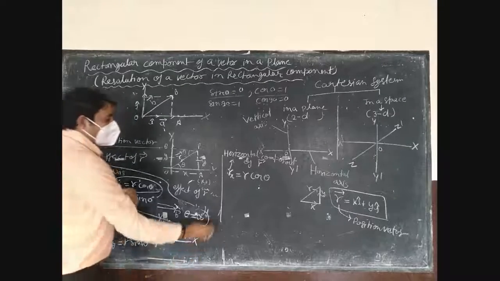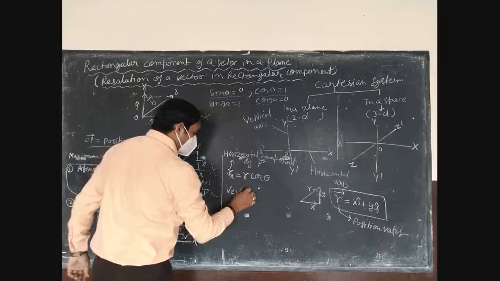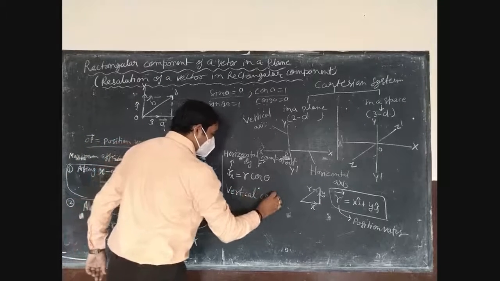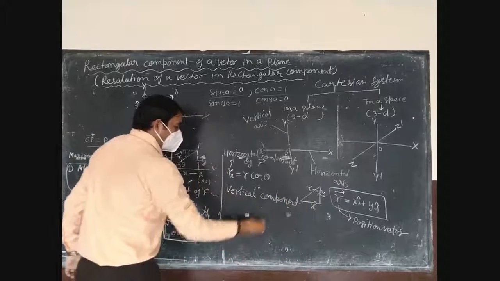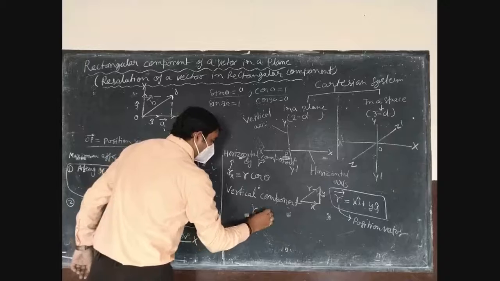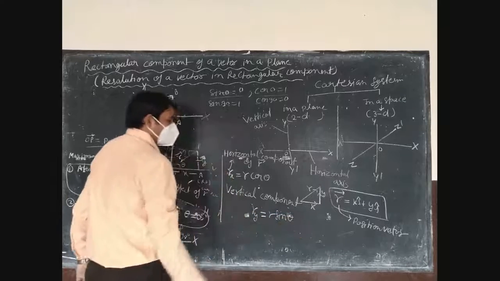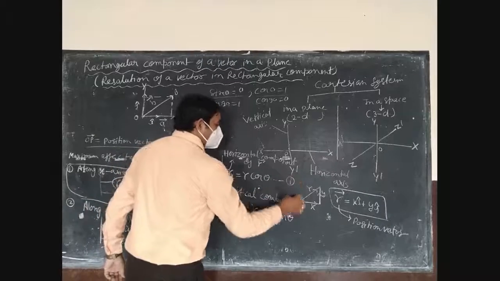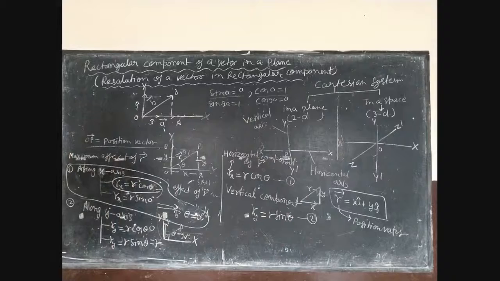Therefore, you get the vertical component: Ry is equal to R sin theta. Now let's say this is equation first and this is equation second. Clear?